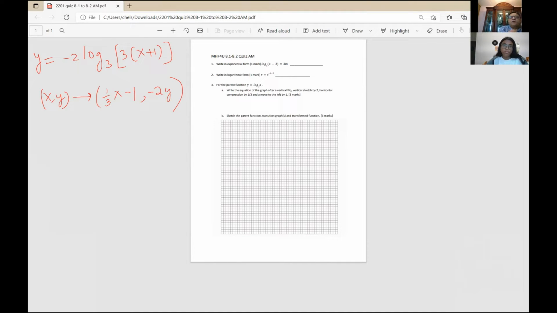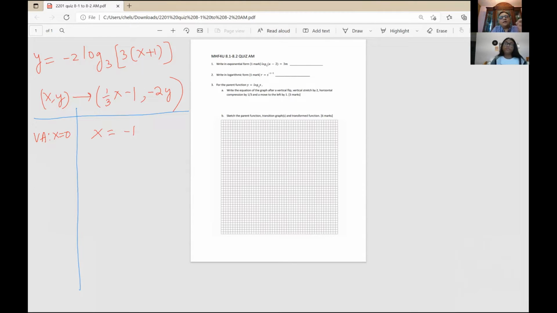Now, when we look at the initial values, the vertical asymptote for the original function is always at x equals 0. And for the final function, because it's moving left, it would be x equals -1.